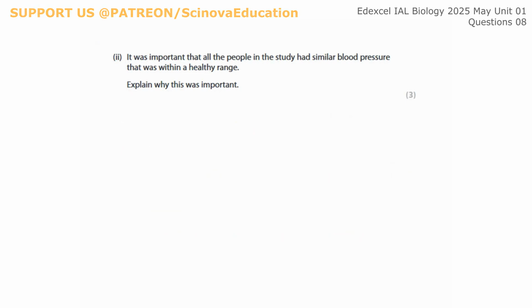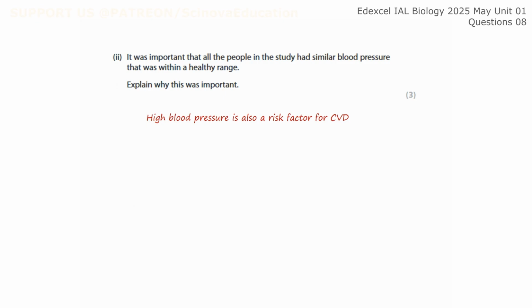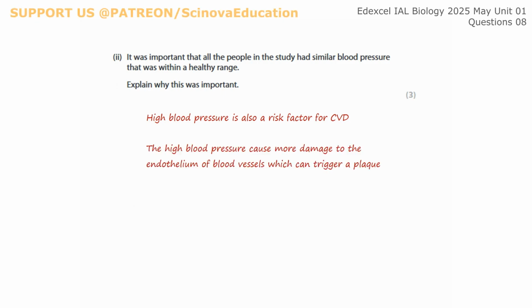It was important that all the people in the study had similar blood pressure that was within the healthy range. Explain why this was important, because we already know that blood pressure is another risk factor for CVD. High blood pressure is damage in the blood vessels which can trigger a formation of a plaque.